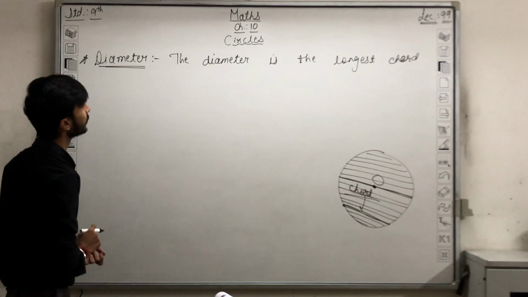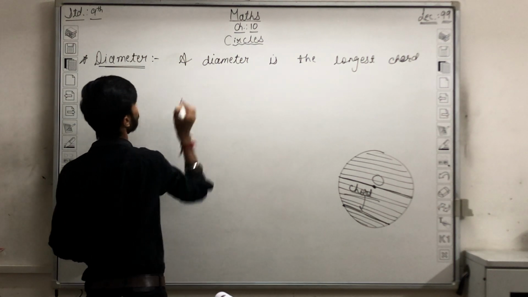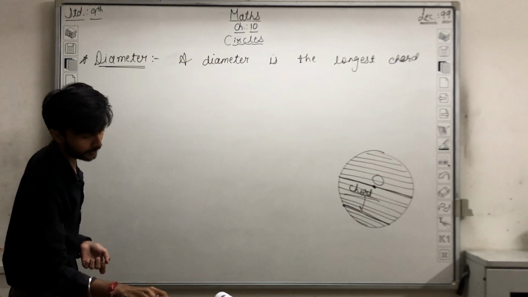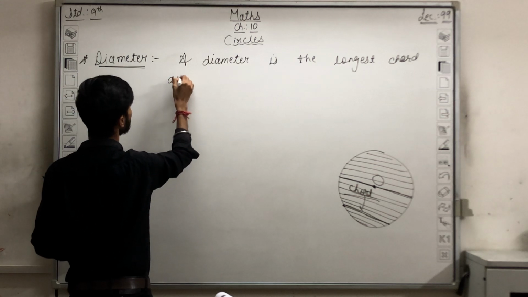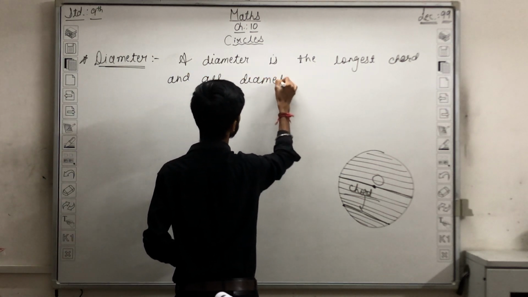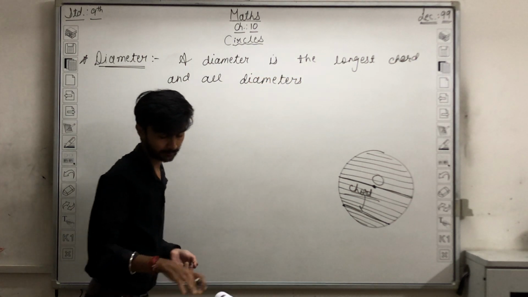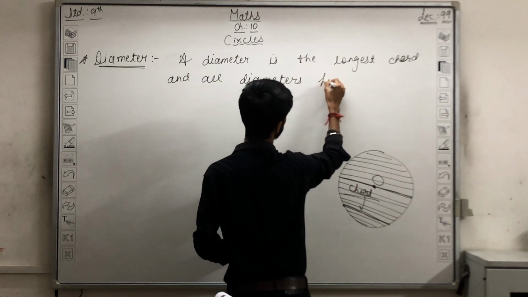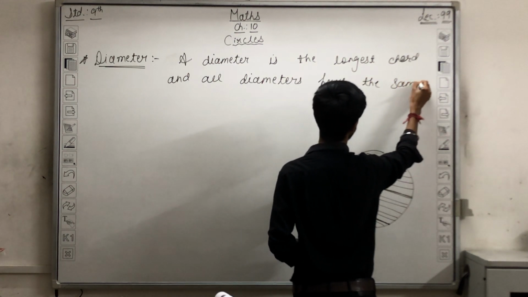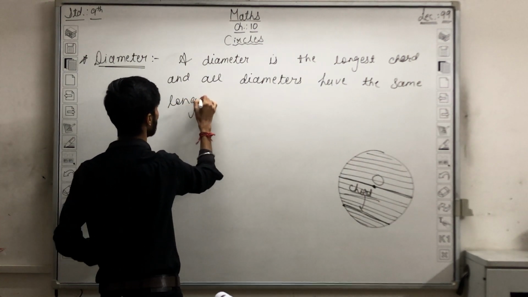So the diameter is the longest chord, and all diameters have the same length. Why?